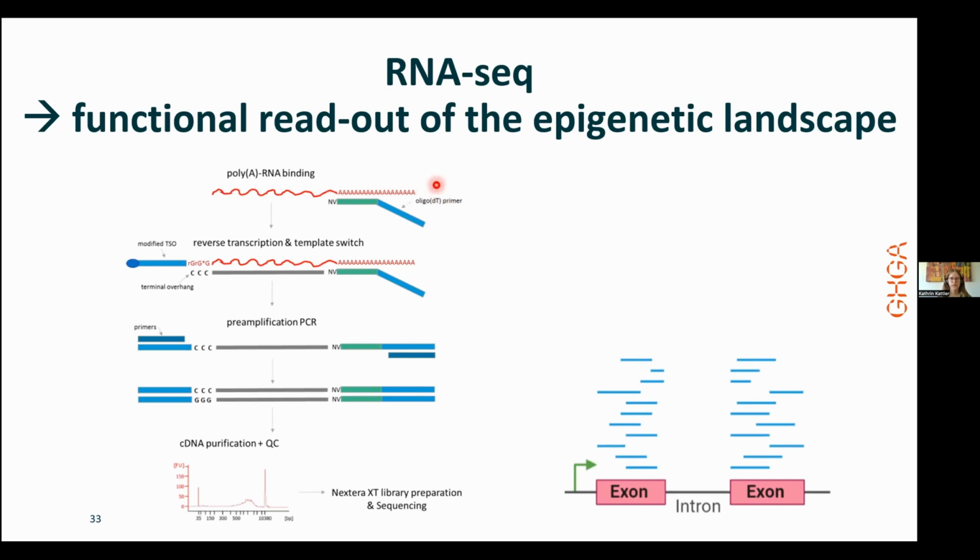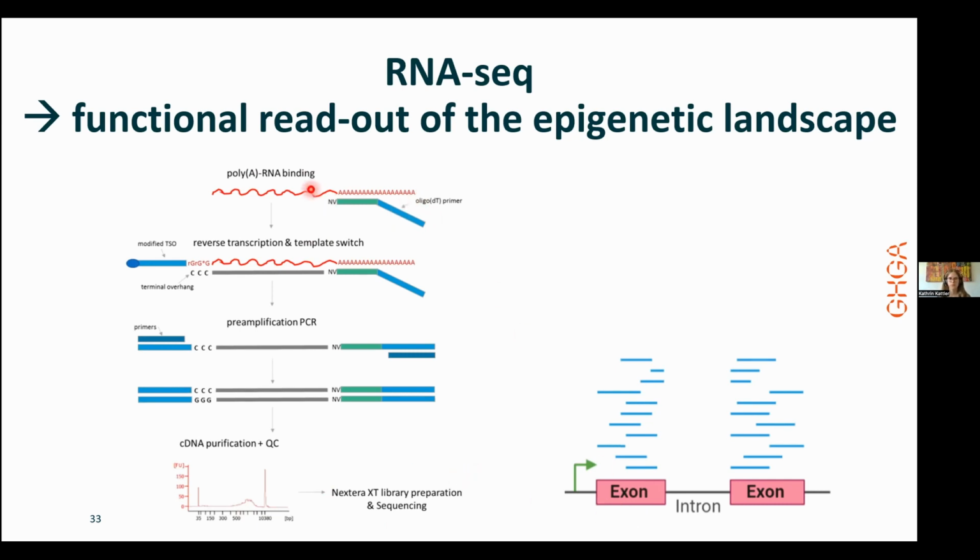Because of this poly-A tail, you can use primers which have an oligo-dT stretch, and this can then bind to the poly-A tail of the mRNA. By using beads or PCR or whatever, you can then pull out or enrich specifically the mRNA, and then prepare cDNA from this. Based on the cDNA, you can again prepare a sequencing library and go for sequencing.